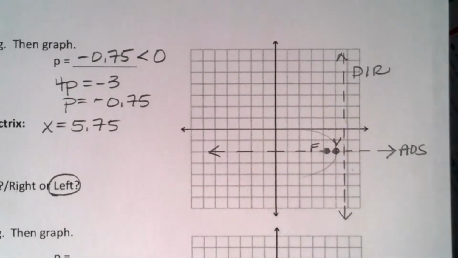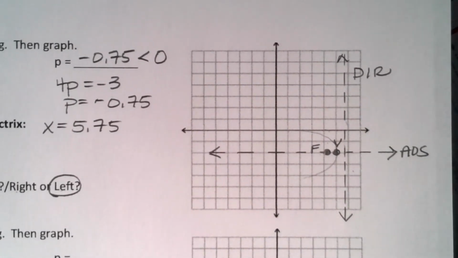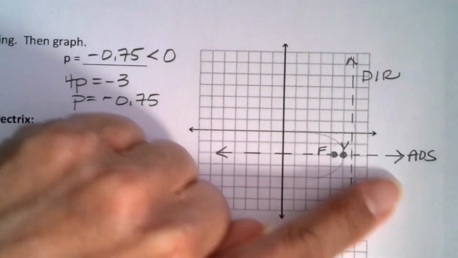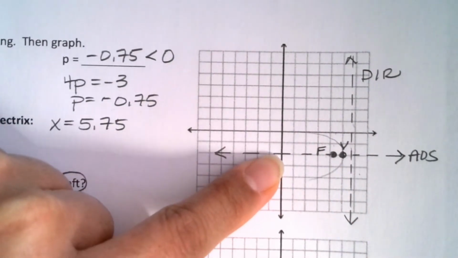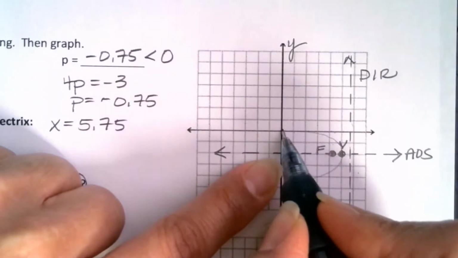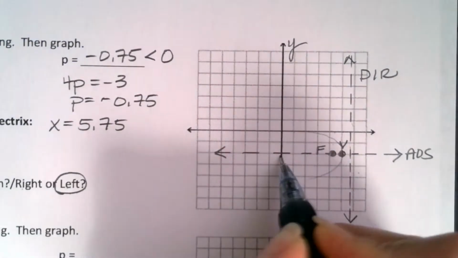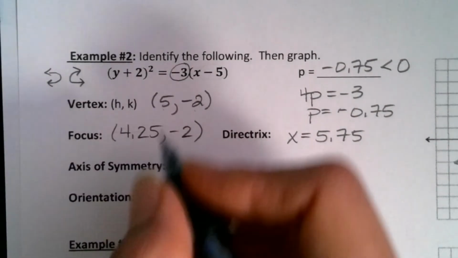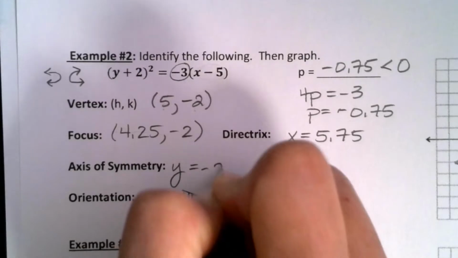So let's come over here. The axis of symmetry is a horizontal line, and this horizontal line is intersecting our y-axis at negative 2. This is my y-axis, and it's intersecting at negative 1, negative 2. So I'm going to come over here to my axis of symmetry, and I'm going to say y equals negative 2.